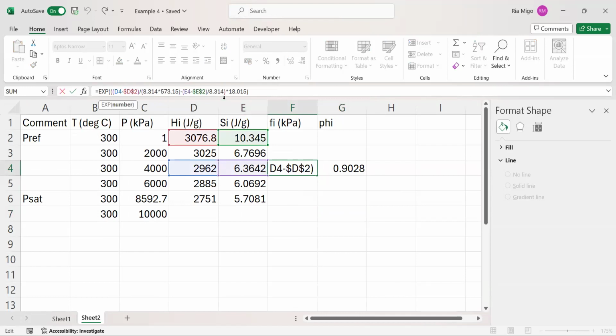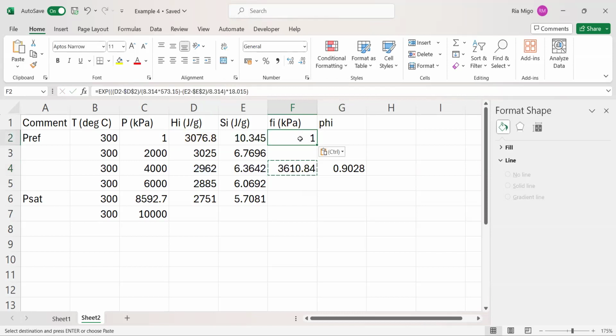This is just a formula in Excel that repeats the process for the other pressures. If you're not familiar with Excel, in order to fix a cell so that it would not move, you simply need to put a dollar sign. So I will leave this up to you to exercise your Excel skills.